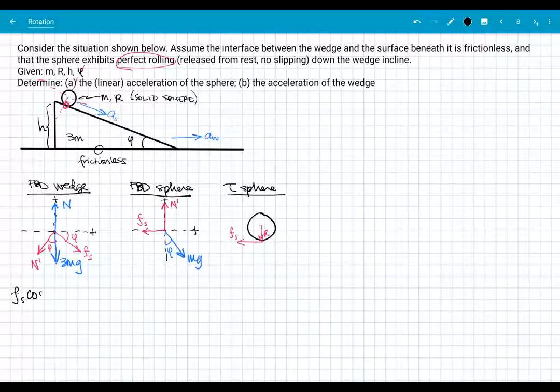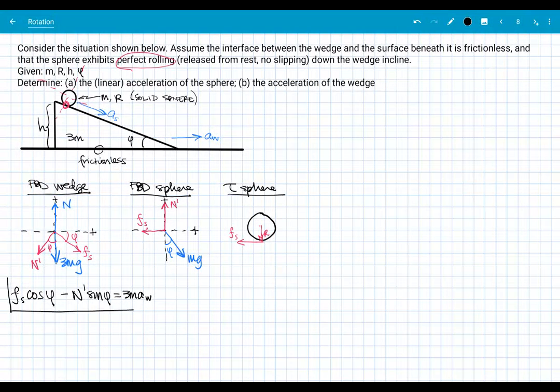f sub s cosine phi minus N prime sine phi. Watch your angles here. In this free body diagram, notice I have one of my angles with respect to the vertical, the others with respect to the horizontal. So you've got to watch that. Equals 3m times the acceleration of the wedge, right? There's my x equation.